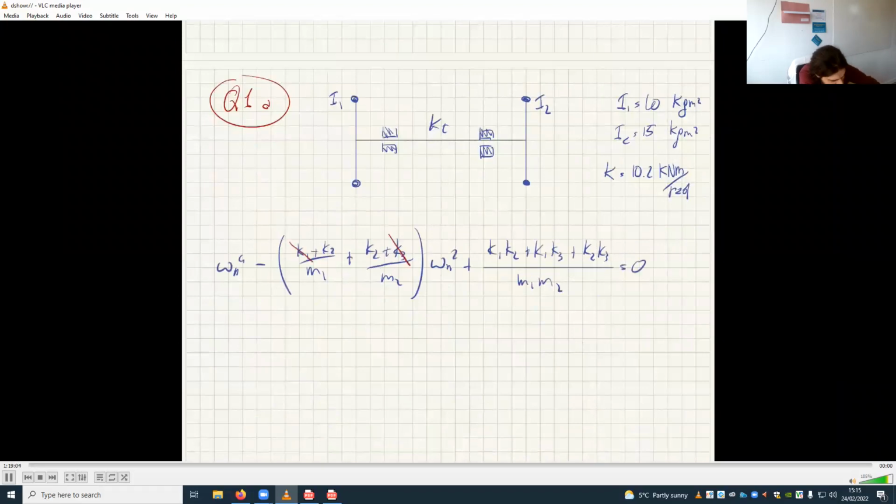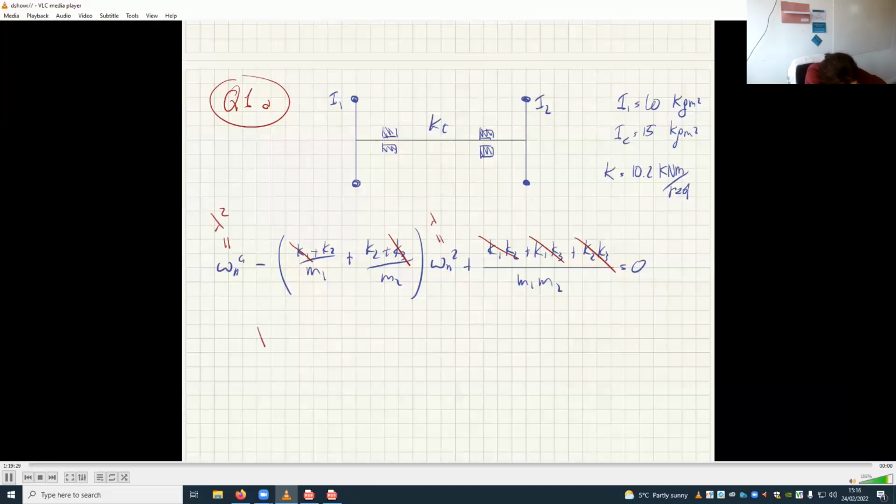K3 is 0. Do you agree? So this goes away, this goes away, this goes away. So we are just left with 2K2. So we have lambda squared. We turn omega to the 4 into lambda squared, because otherwise we don't know how to solve a fourth order equation, but we know how to solve a second order equation.